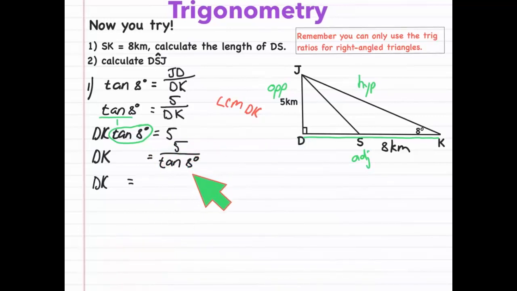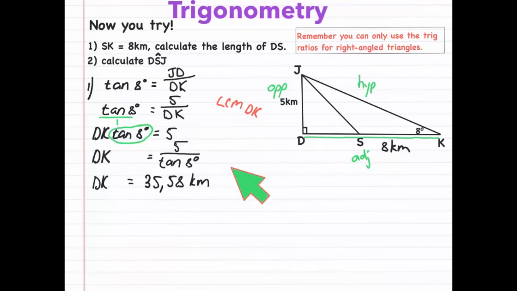Okay, so we can just say 5, and you can use your fraction button, and then for the denominator you have the tangent of 8 degrees. Don't forget to close your bracket on your calculator after the 8 degrees, and then press equal, and you will see that dk is 35, and let's round it off to 2 decimals, 58 kilometers.